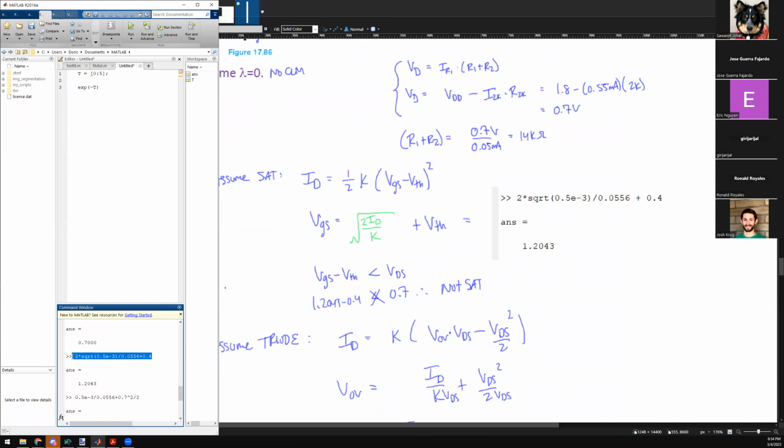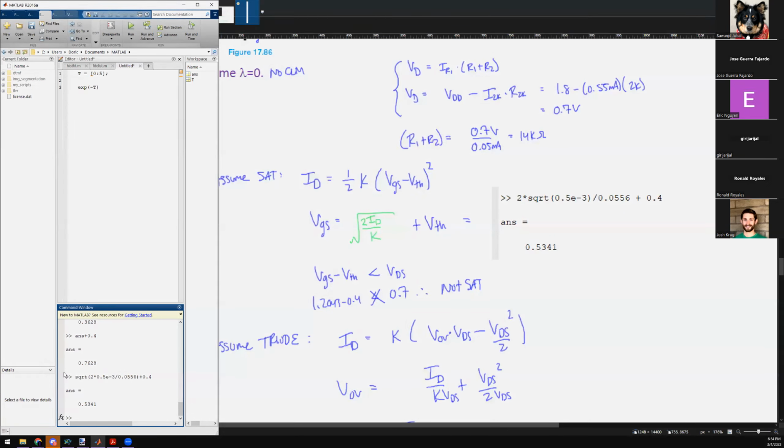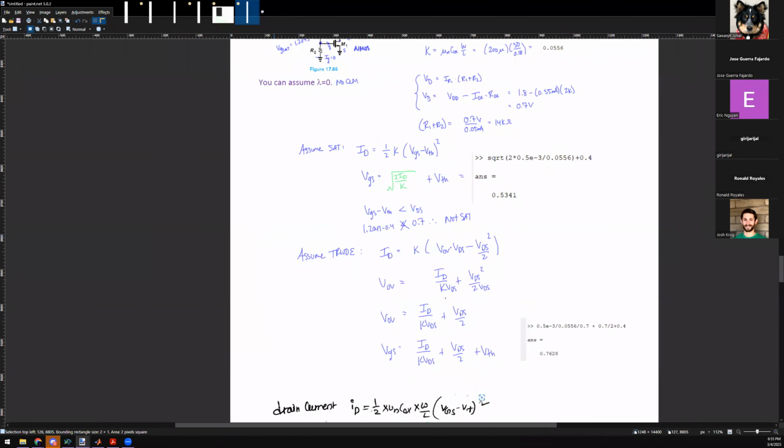All right, we do this. It's the square root of 2 times 0.5e-3 divided by K 0.0556, plus 0.4. Oh my God, I am bad at algebra.